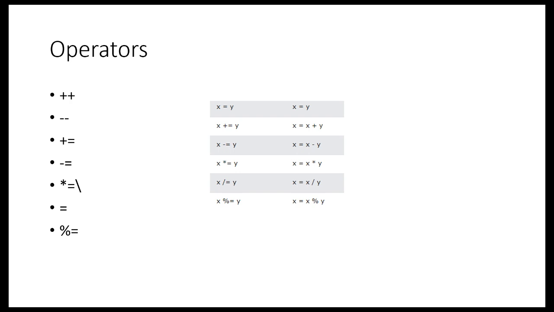And then we have these other weird operators which save us a lot of time. So if we want to increment something, for example, if I have integer, a variable called integer 4, and let's say it's equal to 5.